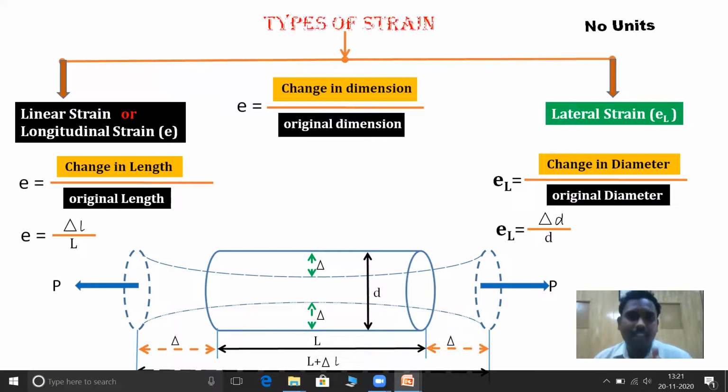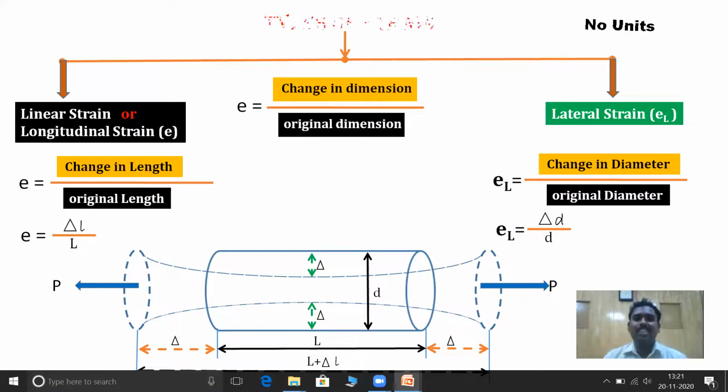To put it in a very simplified way, whenever you are asked about a linear strain or longitudinal strain, length will be the reference, whatever may be the shape of the object. It may be a cylindrical object or a rectangular bar, whatever the object, the length is the reference for longitudinal or linear strain.